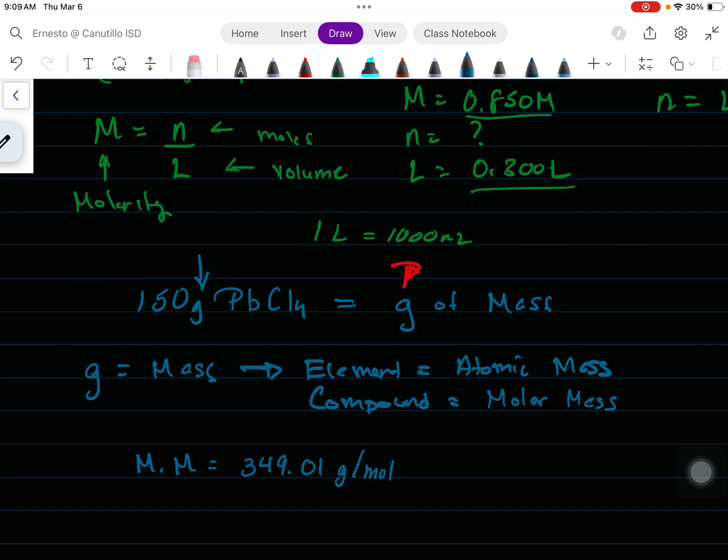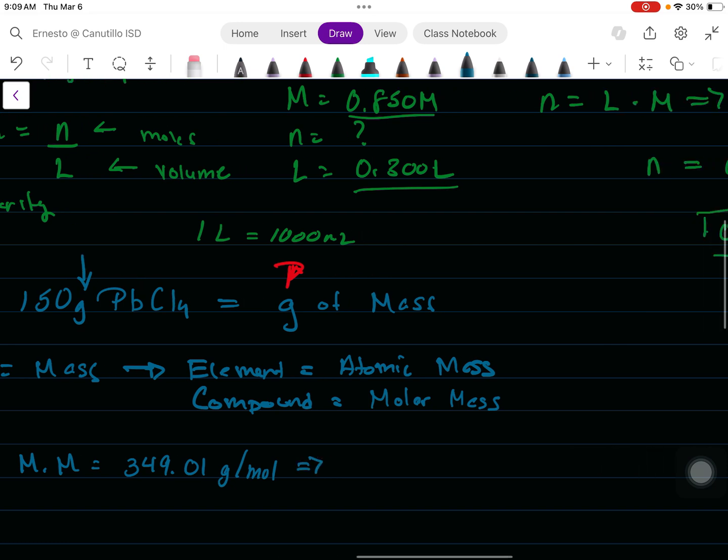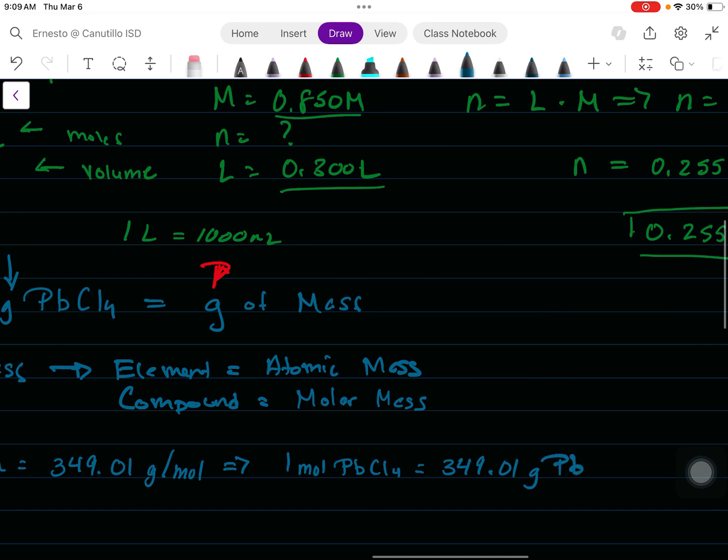Another way to write this is to say that 1 mole of lead 4 chloride has a mass of 349.01 grams of lead 4 chloride.